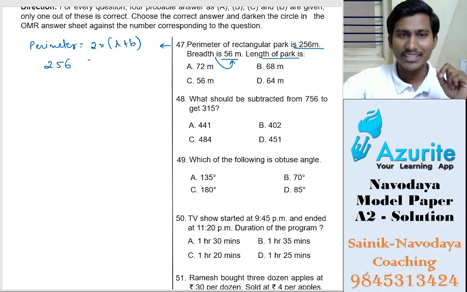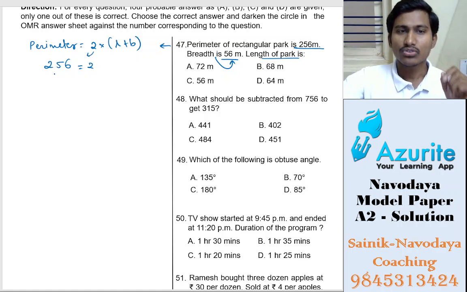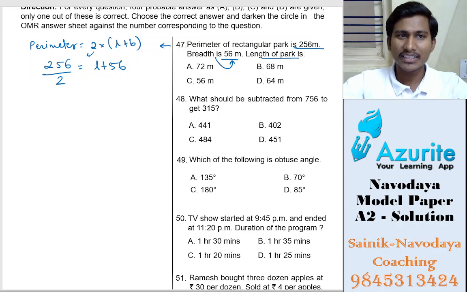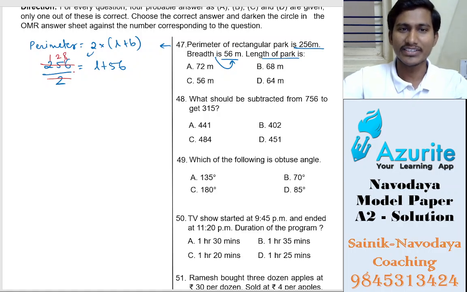So 256. If you take the 2 times to the other side, it will divide. So divide with 2 here, and then length plus breadth, where breadth is 56. If you divide 256 by 2, what will be the answer? 2 1s are 2, 2 2s are 4, 2 8s are 16, so it is 128.